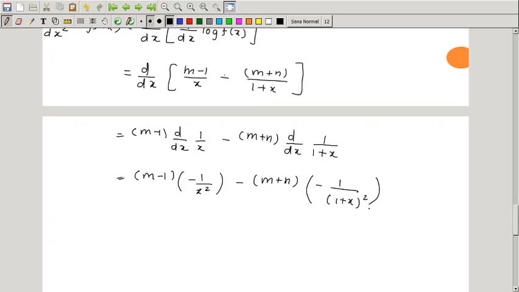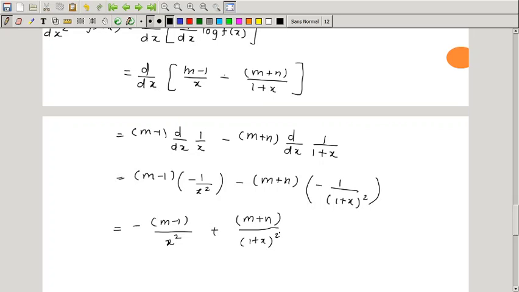Okay, so that means these values are minus (m minus 1) upon x square, minus minus plus, (m plus n) upon (1 plus x) bracket square.